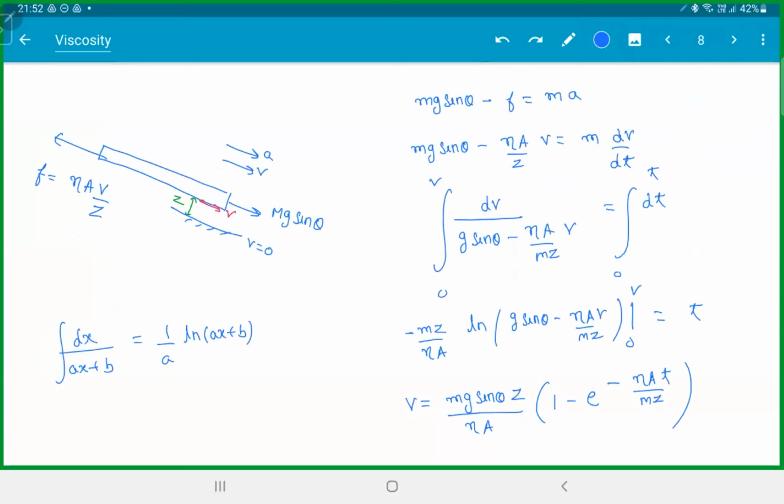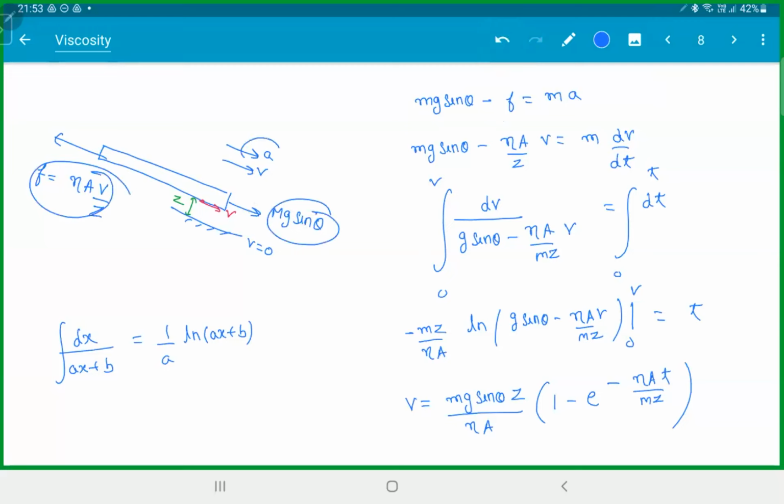How is mg sinθ minus f equal to ma? I didn't understand, Rajni. Sir, I was asking why mg sinθ minus f is equal to ma. Net force is mass into acceleration. Along the incline, what are the forces? mg sinθ minus friction.